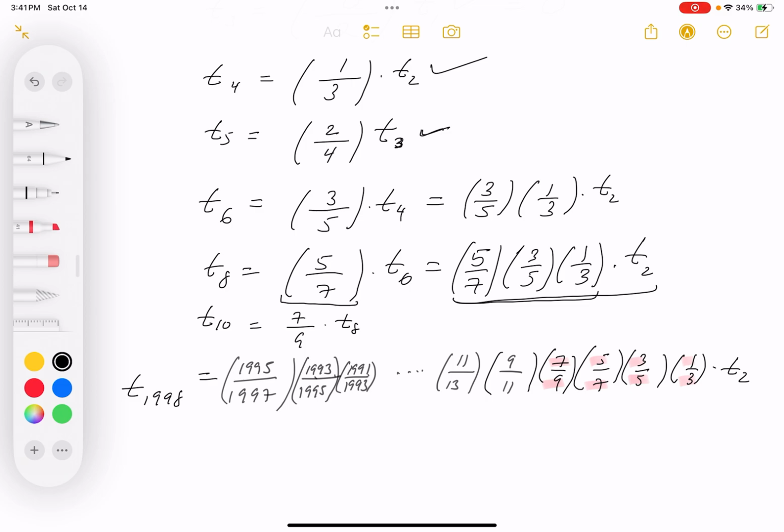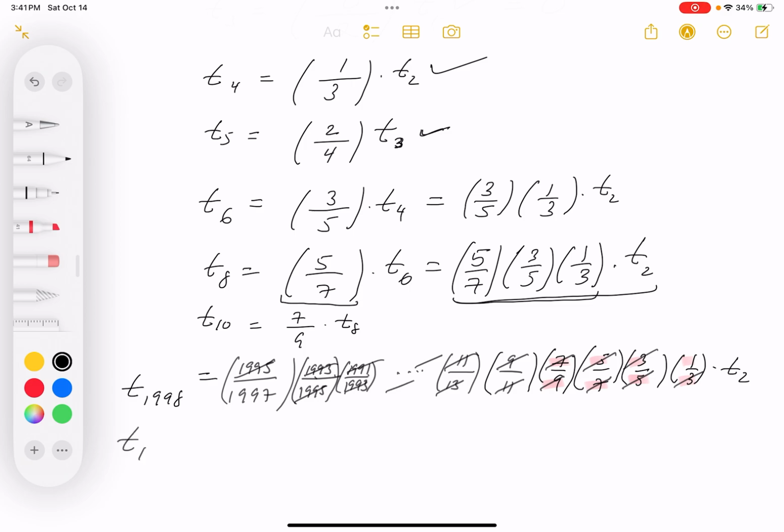But what I'm starting to realize here, I see cancellations, and they're all over the place. This 3 cancels that 3, 5 cancels that 5, 7 cancels that 7, 9 cancels that, 11 cancels that, and a 13 is going to be over here, that cancels. Let's go the other direction. This cancels, and everything cancels in the center. So what are you going to get?